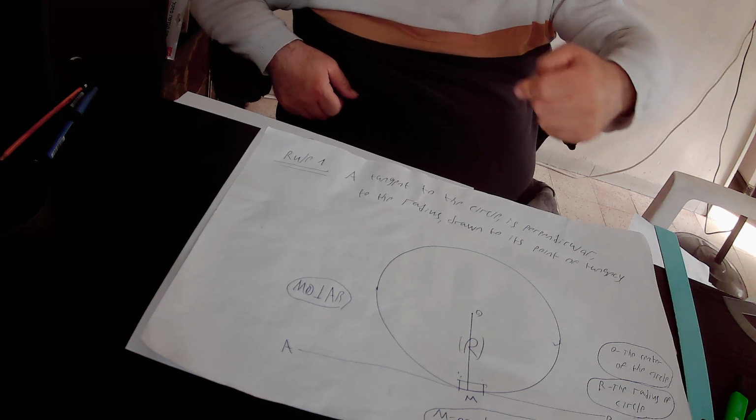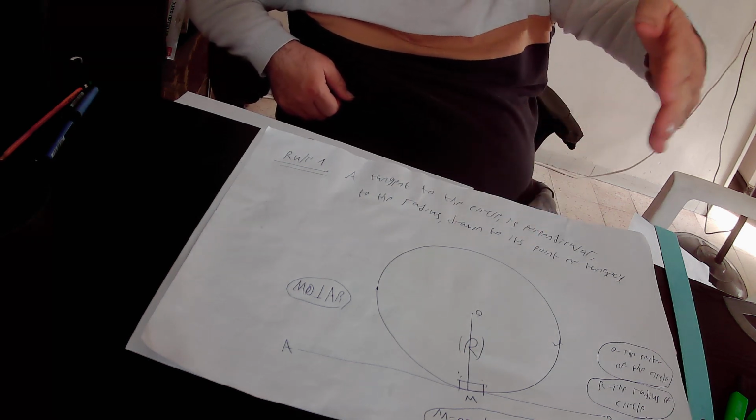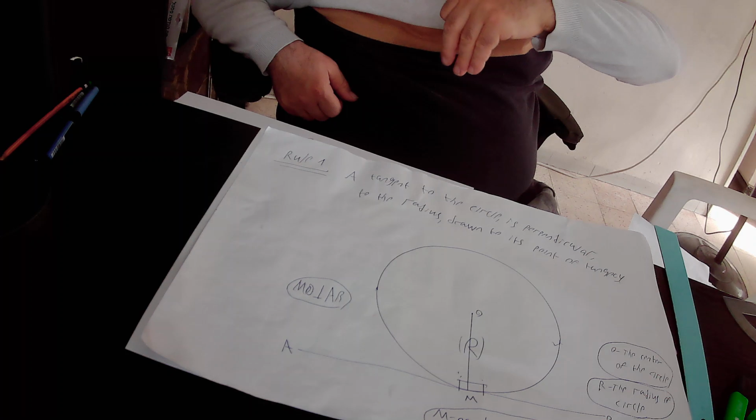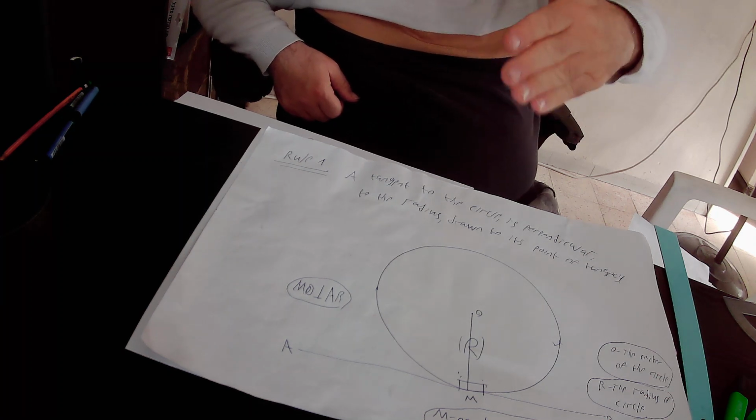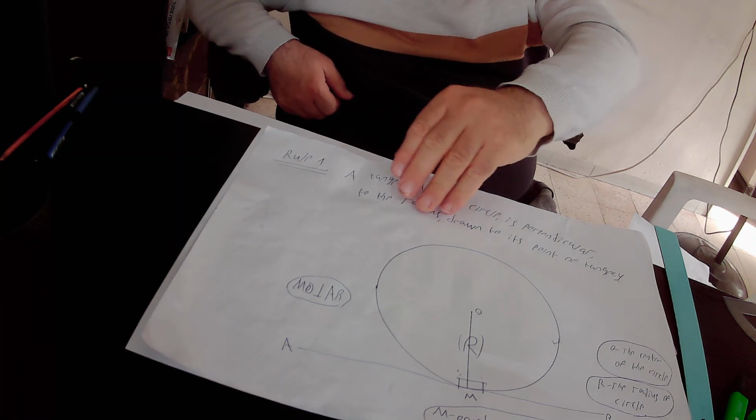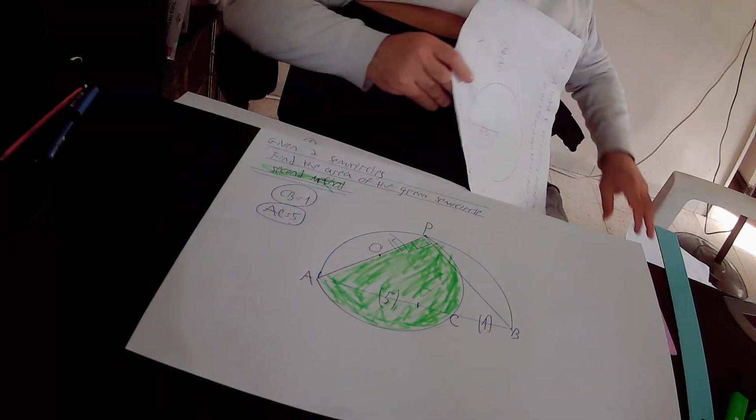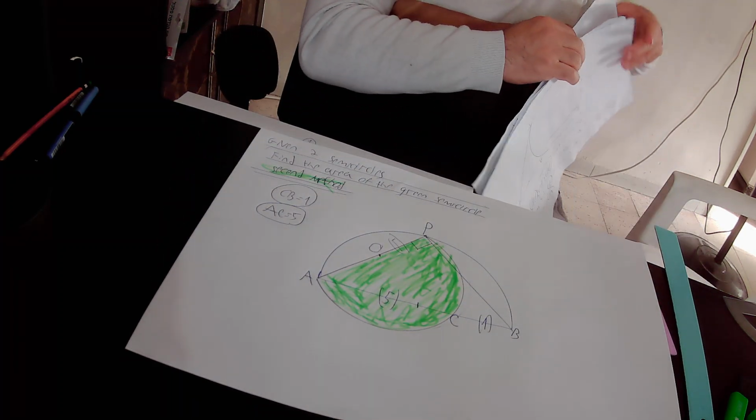So whenever you have a line segment that is perpendicular to the radius, then the line segment must be defined as a tangent to the circle. We can implement rule 1 in our drawing. Why?